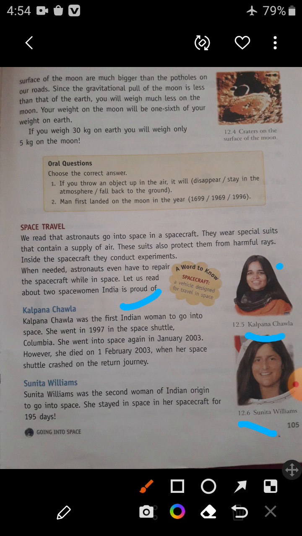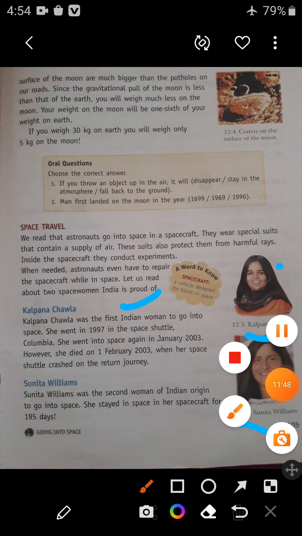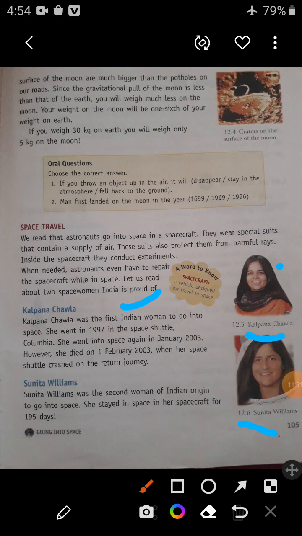Now, the second woman is Sunita Williams. So, students, Sunita Williams was the second woman of Indian origin to go into space. She stayed in space in her spacecraft for 195 days.